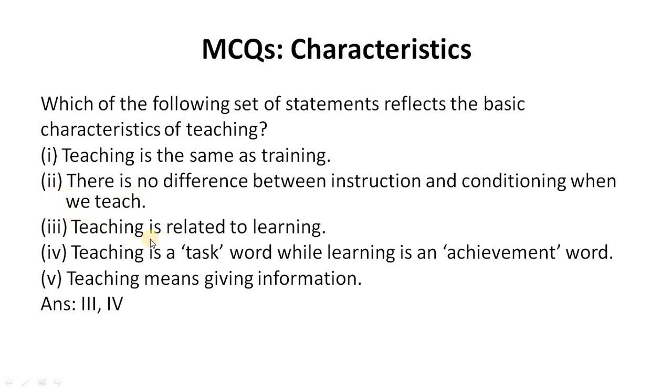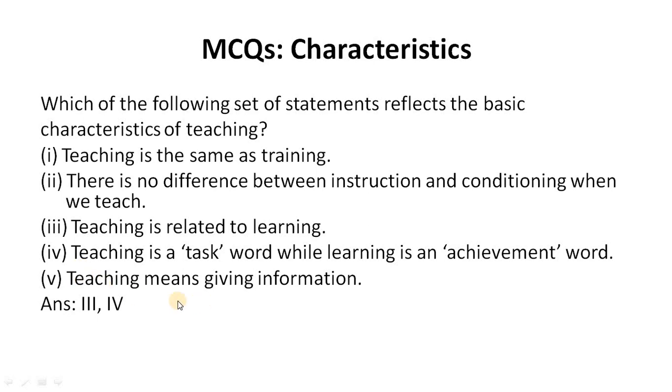Teaching is related to learning. Obviously teaching is related to learning. Teaching is a task word, while learning is an achievement word. So teaching is a task and learning means what we get from the teaching. So option C and D, obviously.